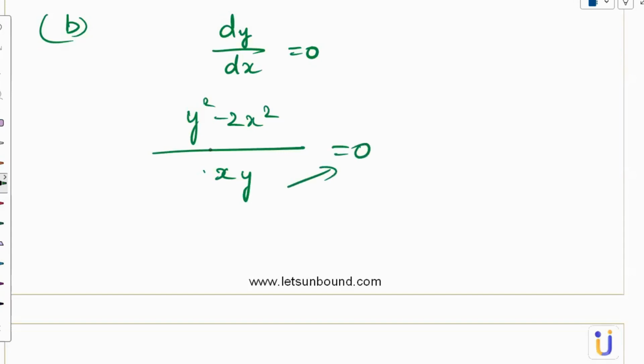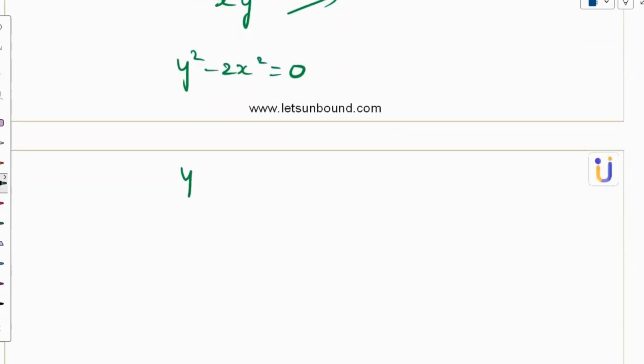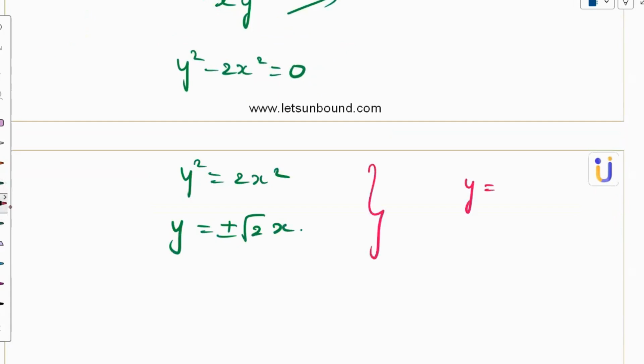When you simplify, this goes to the zero part: y squared minus 2x squared is equal to 0. So y squared equals 2x squared, and y is equal to plus or minus root 2 times x. What they said is the two lines are in the form y equals mx, and we need to find the values of m. So just compare: m is equal to plus or minus root 2. These are the values of m.